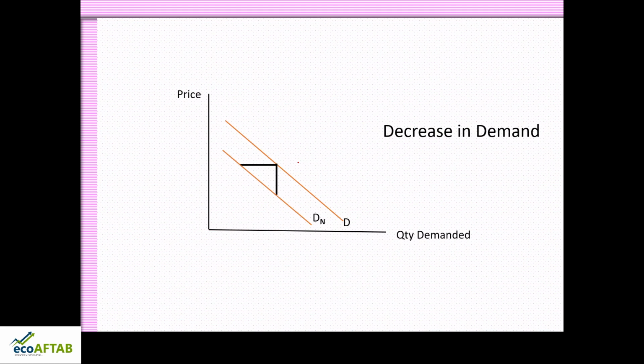You can see the consumer is buying the same quantity at a reduced price, or you can say the consumer is buying a lesser quantity at the same price. So this is what is called decrease in demand.